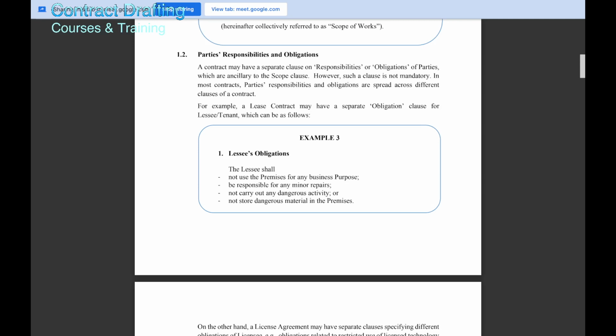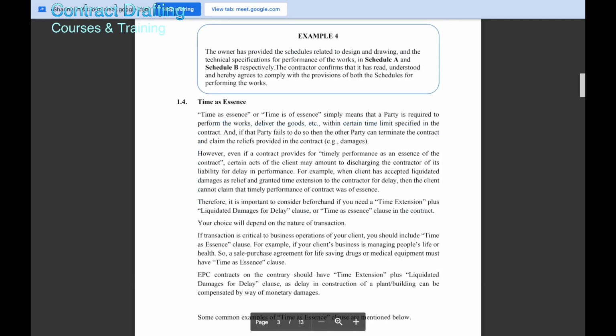Next, we discuss the time as an essence contract. Now, I want you to read this particular para very carefully because we have to understand that even if a time as an essence clause is included in a contract, if the client has accepted the liquidated damages as compensation for that delay and timely performance has not been done by the contractor, then the obligation is satisfied by payment of that LD.